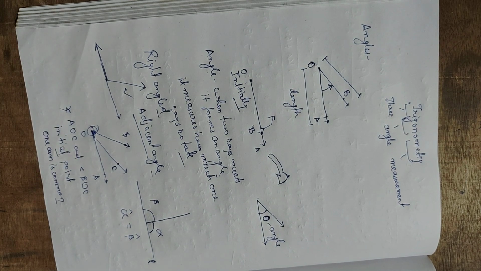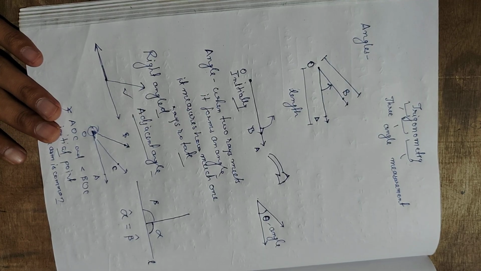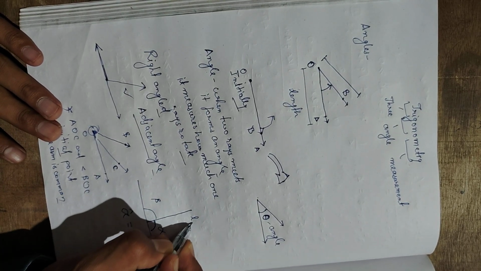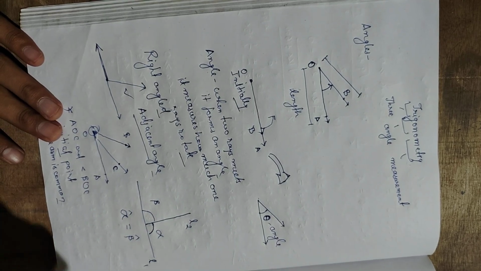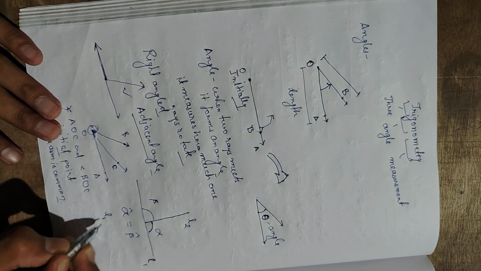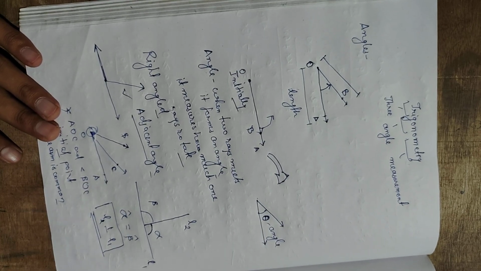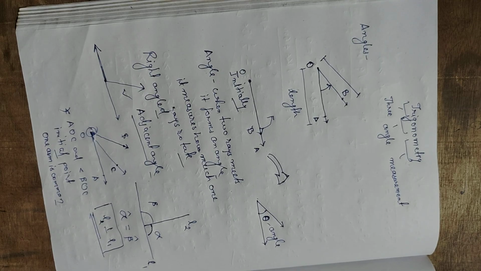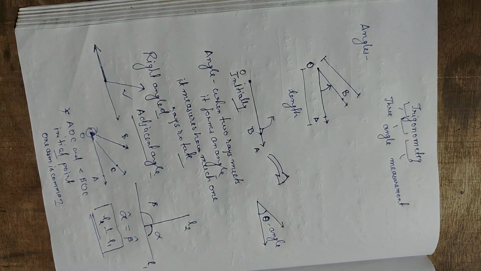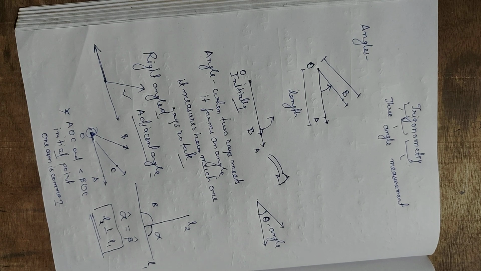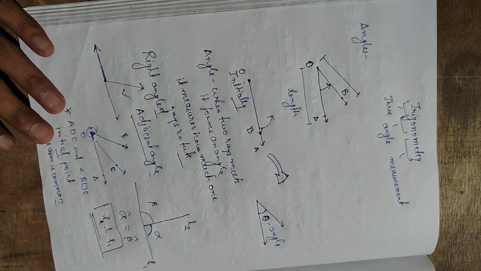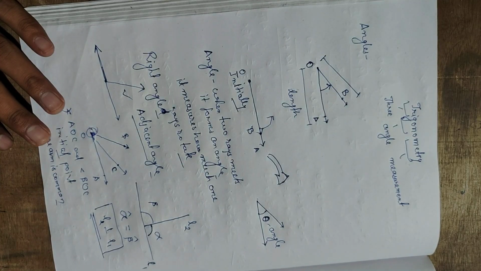Then we say it forms two right angles, and the line L2 is perpendicular to L1. That's what a right angle means. It simply means that when a straight line stands upon another straight line and forms equal adjacent angles, each angle is called a right angle.